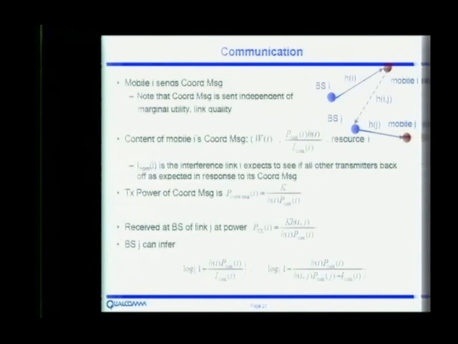Priority is how to decide. Priority is what we used in the previous two centralized schemes. For full buffer it is the marginal utility of average rate, and for QoS it is a function of queue length and delay. So these are the two functions.